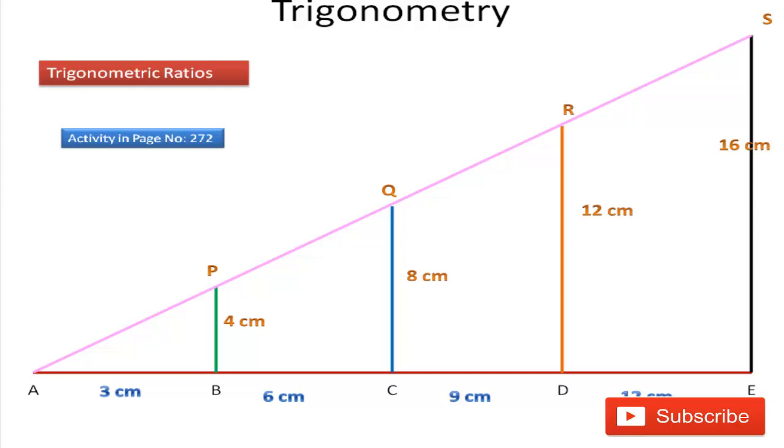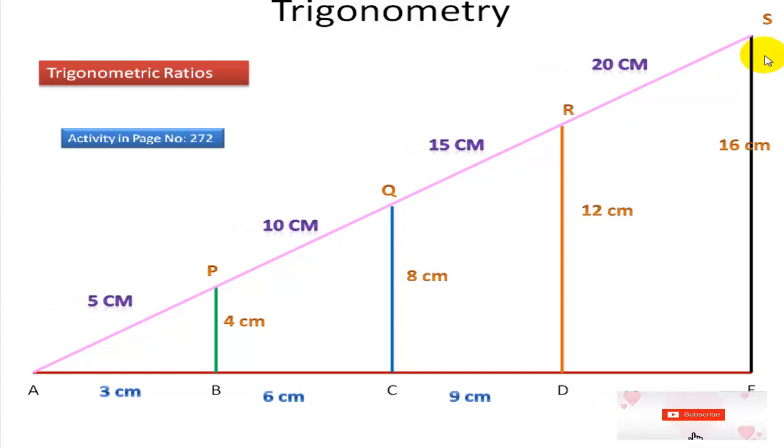Now we have to find the lengths of these AP, AQ, AR and AS. After finding this, we will get AP as 5 centimeters, AQ as 10 centimeters, AR as 15 centimeters and AS as 20 centimeters.